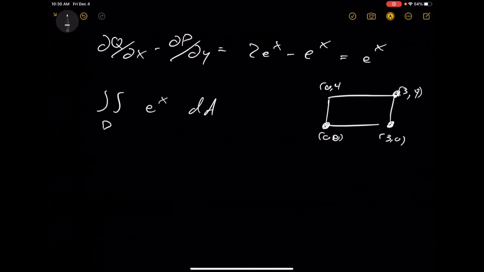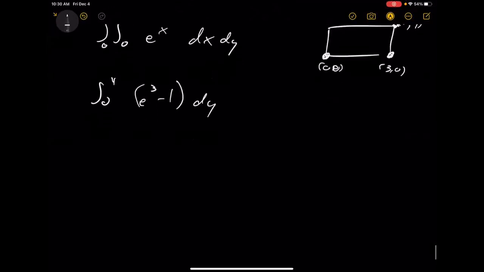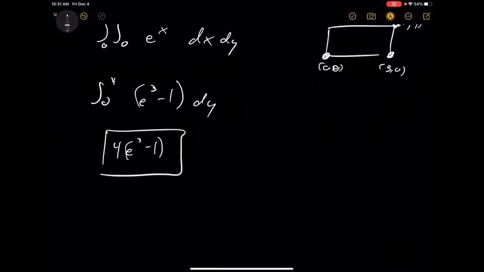They're nice and easy. They're nice and rectangular. I could integrate this in either order. So dx 0 to 3, dy 0 to 4. Okay. Fairly straightforward. So integrating in terms of x first, we get e to the third minus 1. And then integrating in terms of y, we get what? Just 4 times that. Okay. So that should be our answer.